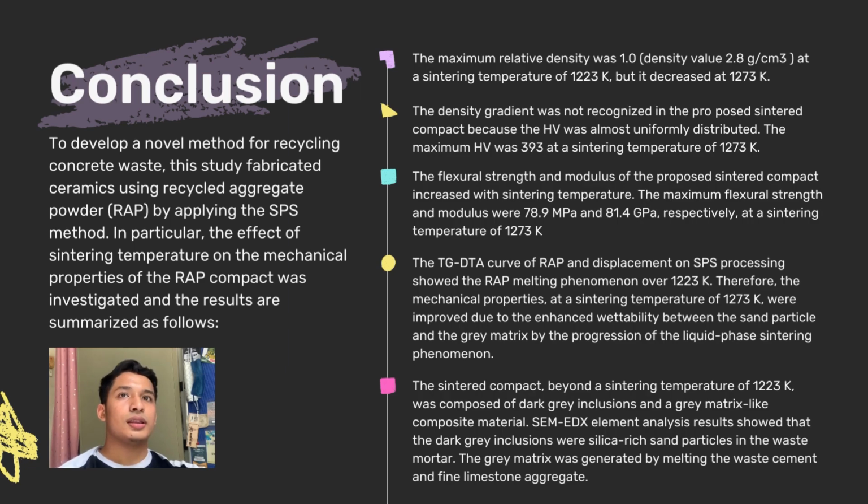Next, a density gradient was not recognized in the sintered compact because the HV was almost uniformly distributed. The maximum HV was 393 at a sintering temperature of 1273 Kelvin. Next, the compressive strength and modulus of the sintered compact increased with sintering temperature.